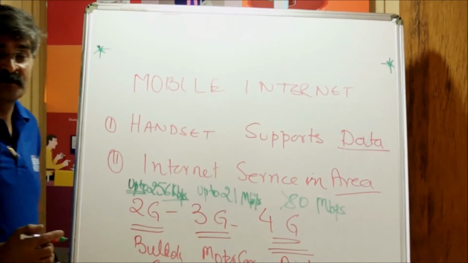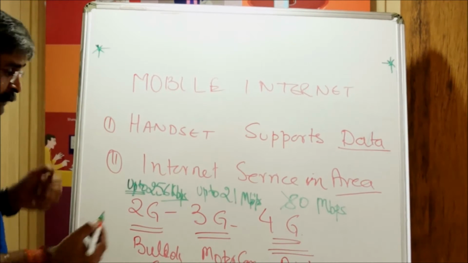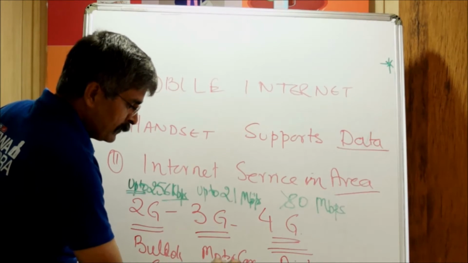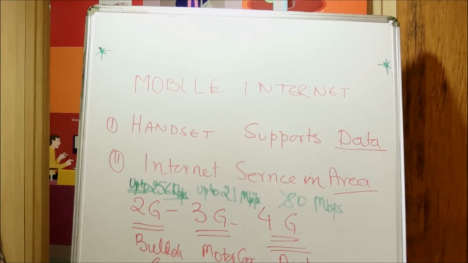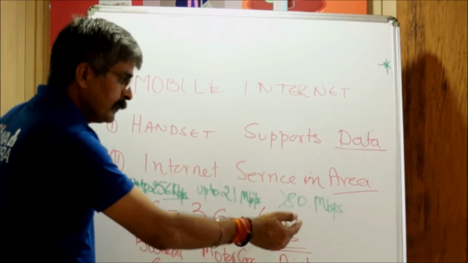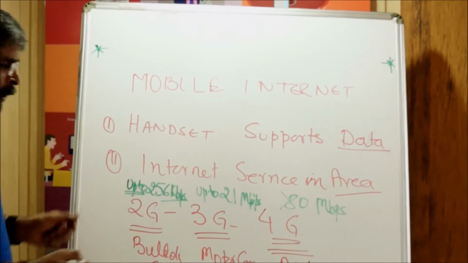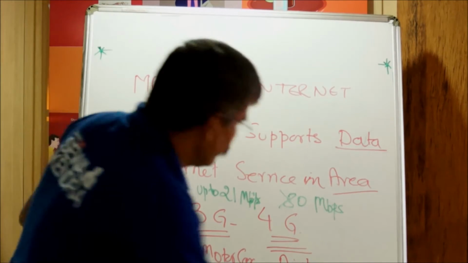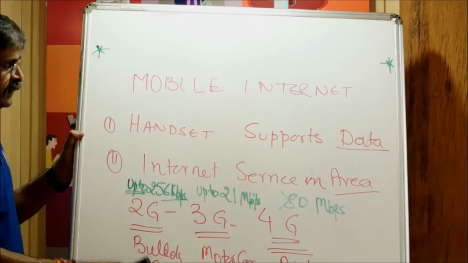With 21 mbps, a movie song of about 5 minutes length would be downloaded in less than a minute. And on 4G, a complete movie of about 800 mb does not take more than a couple of minutes. We'll talk about how we access this. This is only the usage part of these two things.